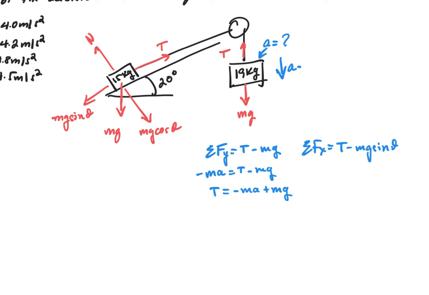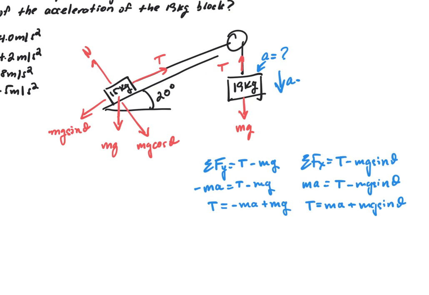So ma equals T minus mg sine theta. Tension is ma plus mg sine theta.